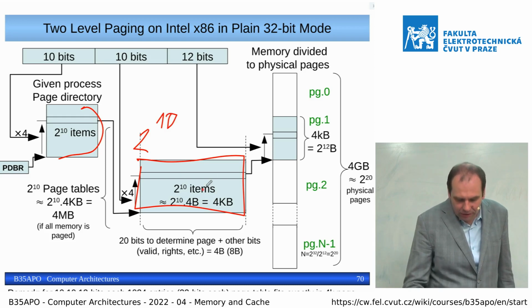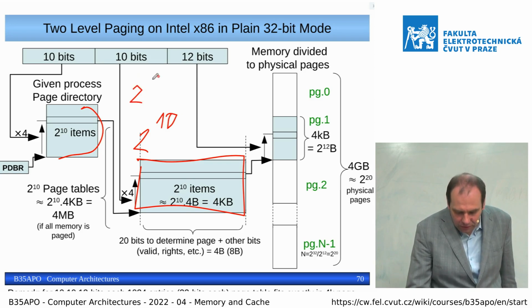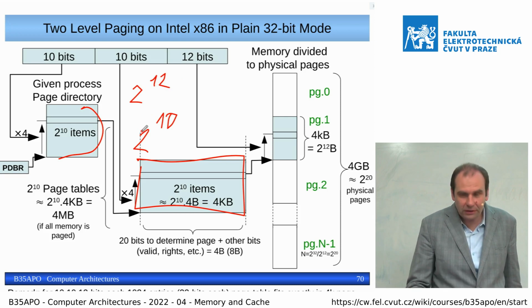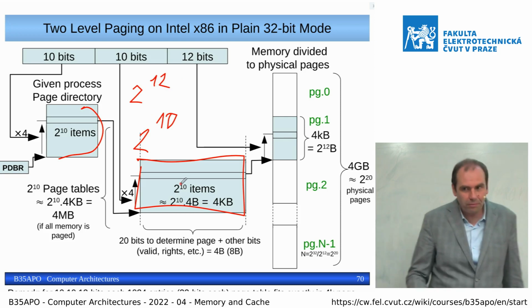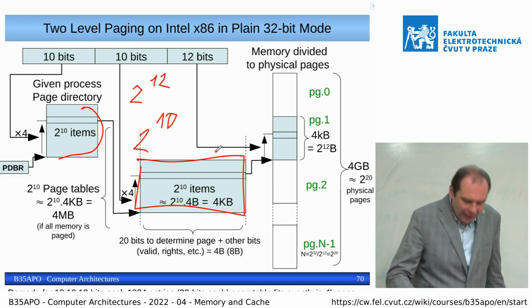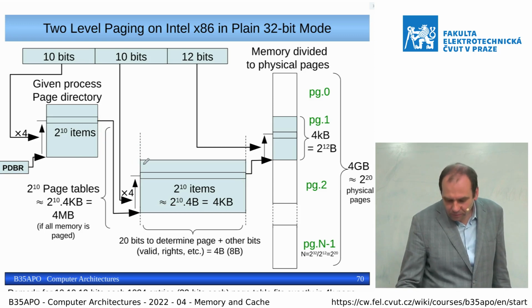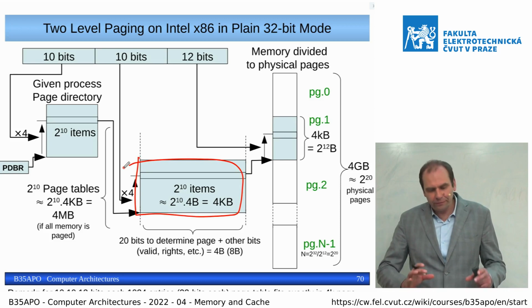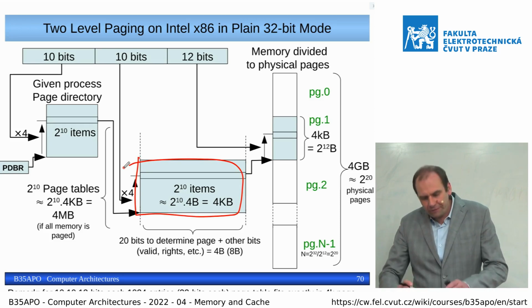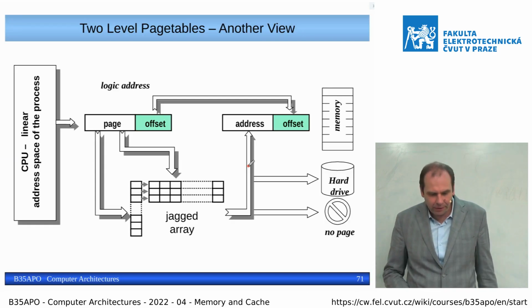But because we need to keep 32-bit values there, the size is in fact 2 to the power 12, because it is 4K, 1000 multiplied by 4 bytes, or 1024 to be exact. So it has the advantage that even the allocation of the parts of the page table fits exactly into a single page frame in the physical memory.